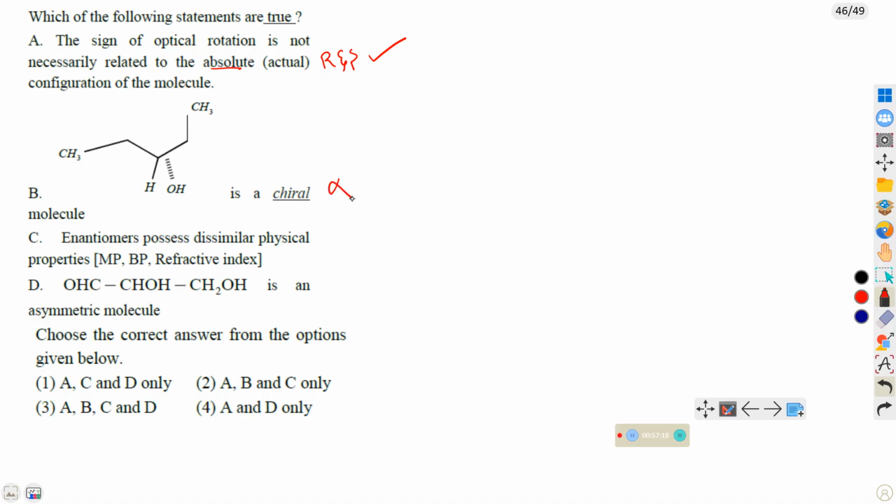No. Enantiomers possess dissimilar physical properties. Wrong, they possess similar physical properties. CHO, CHOH, CH2OH is a chiral or asymmetric molecule. Correct. A and D are correct.